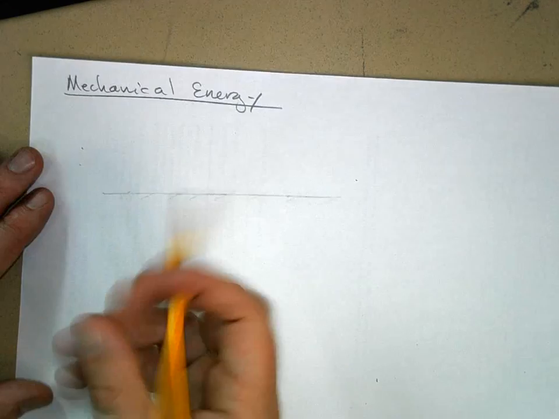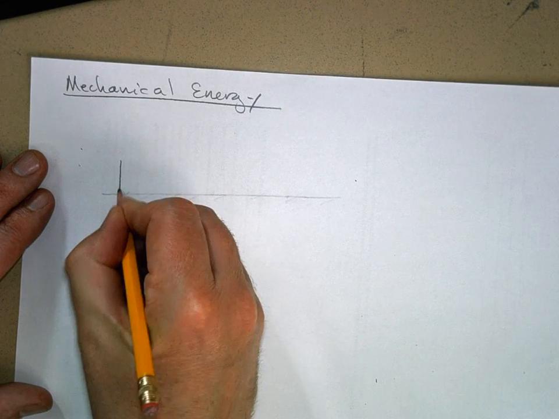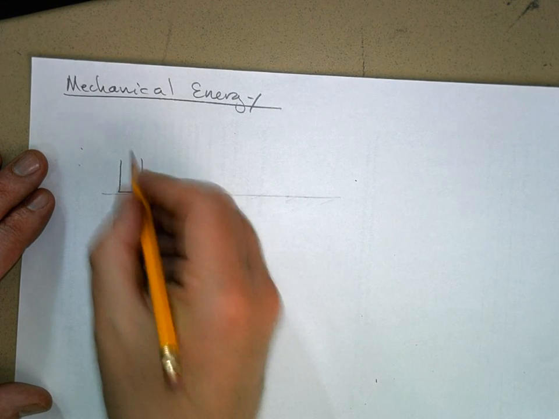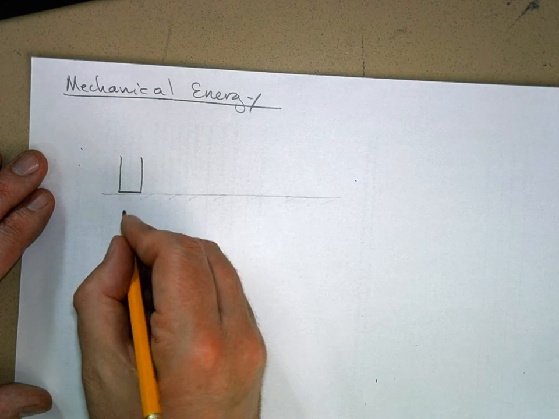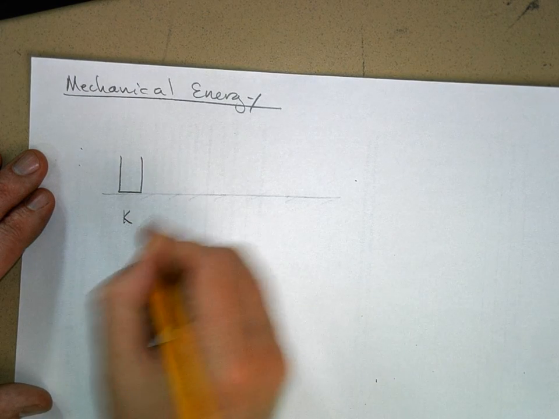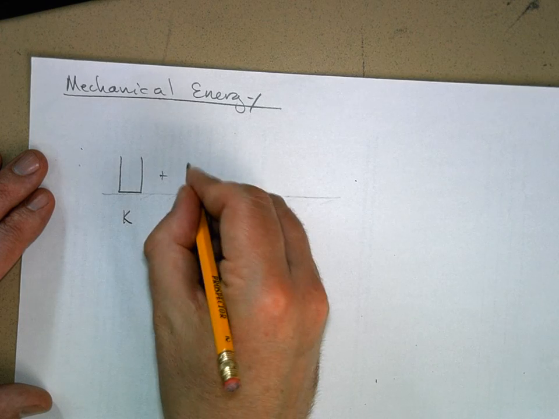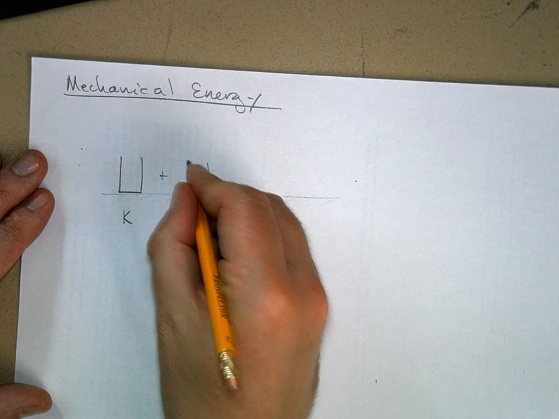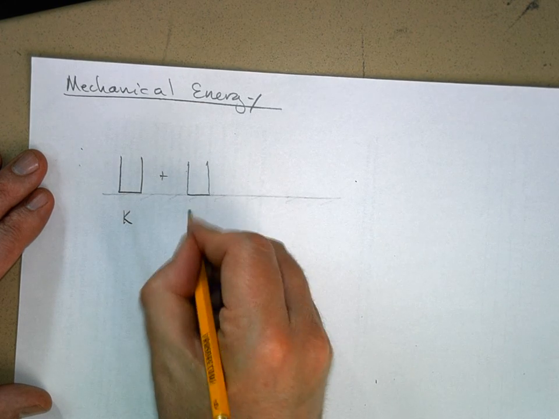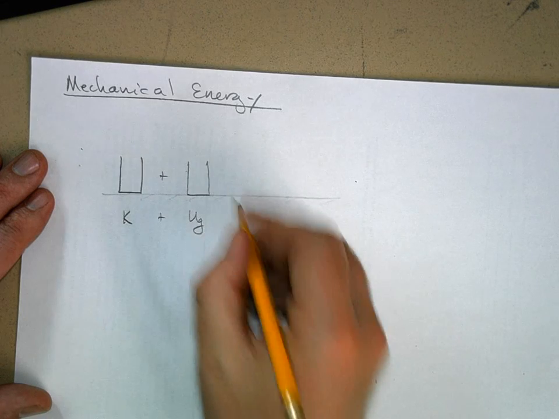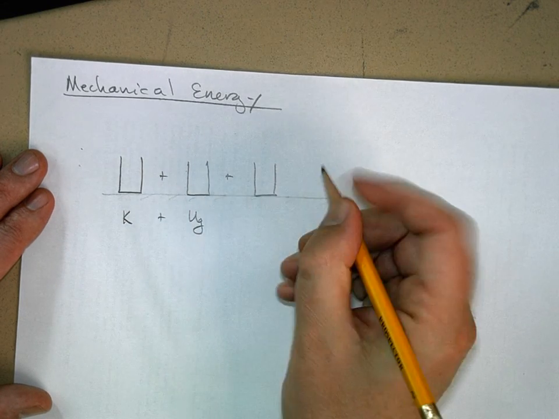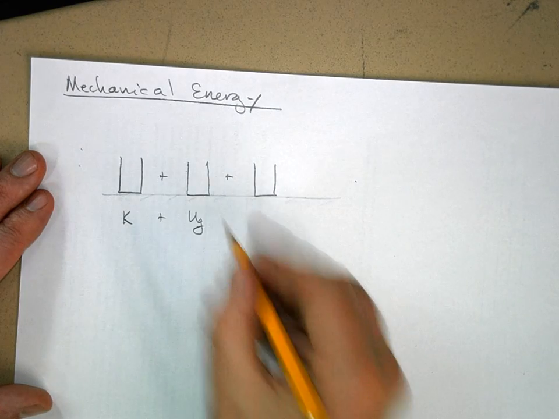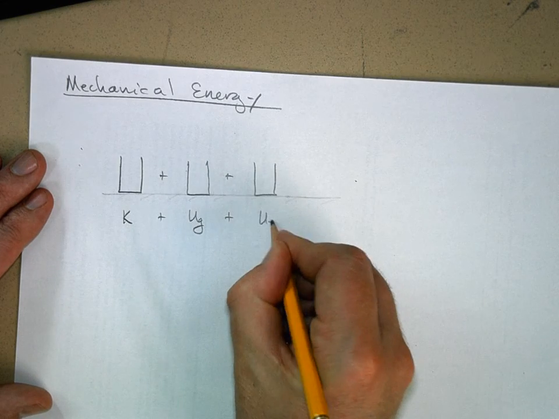If I have an object, I'm going to say this could be kinetic energy plus however much gravitational potential energy it has, plus however much elastic potential energy it has.